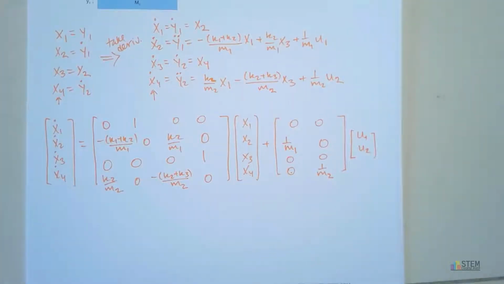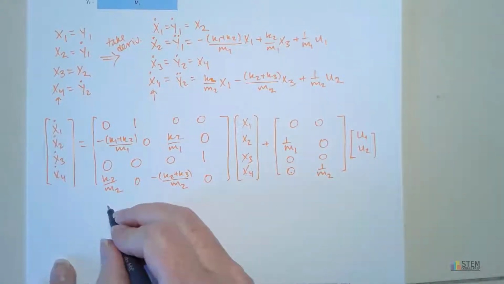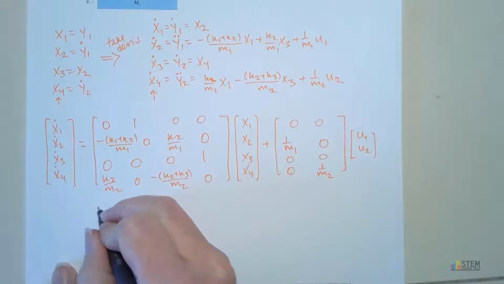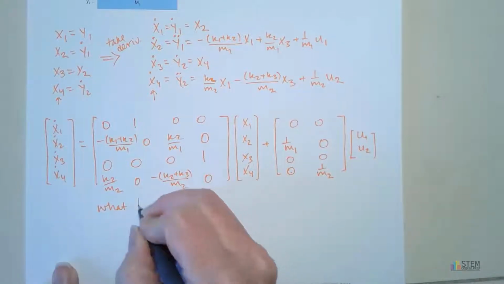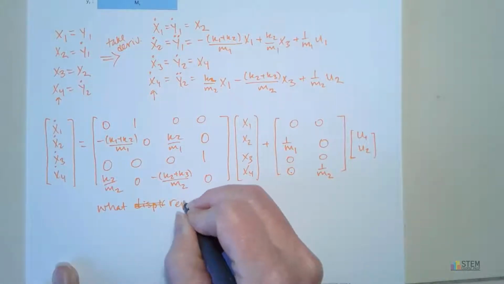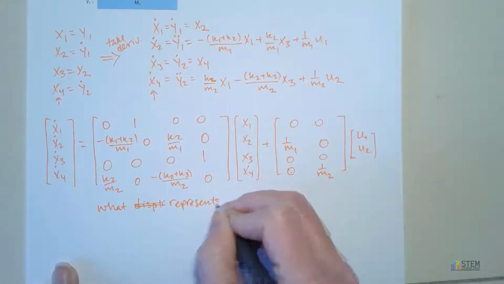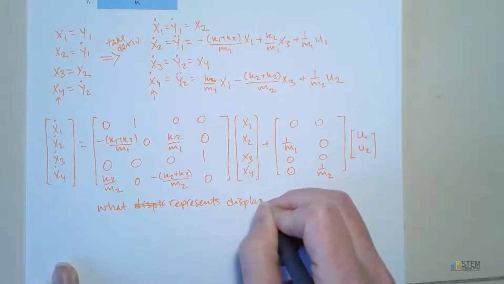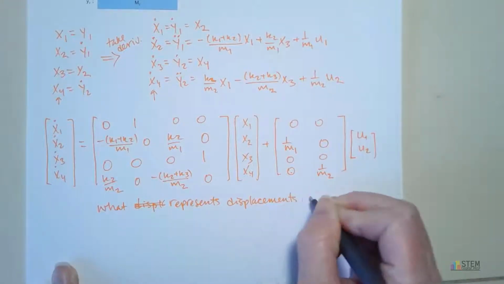Now we have to do our output equation. So you have to figure out what you're trying to get out. We're told we want displacements, but what represents displacements? That's the question you need to figure out. Whoops, missed a word. So let's put what represents displacements. What variables?